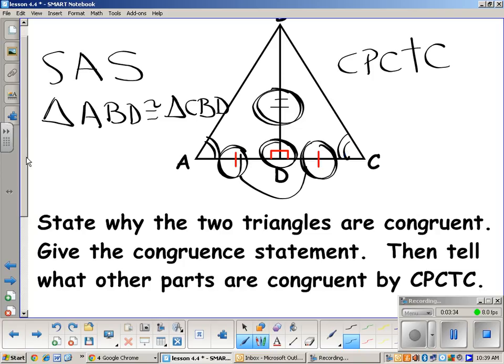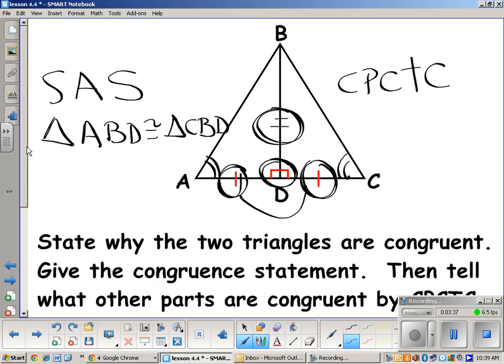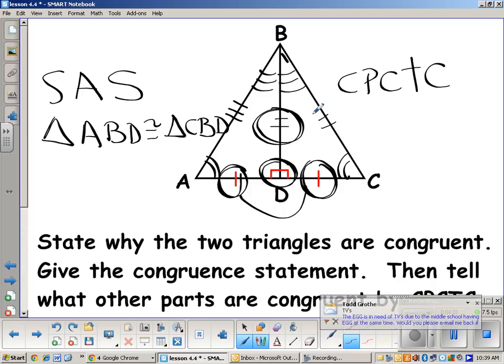And we could say angle ABD is congruent to angle CBD because those are also corresponding. We could also say that side AB is congruent with side CB. Now, we could only apply CP-CTC after we prove that the triangles are congruent.